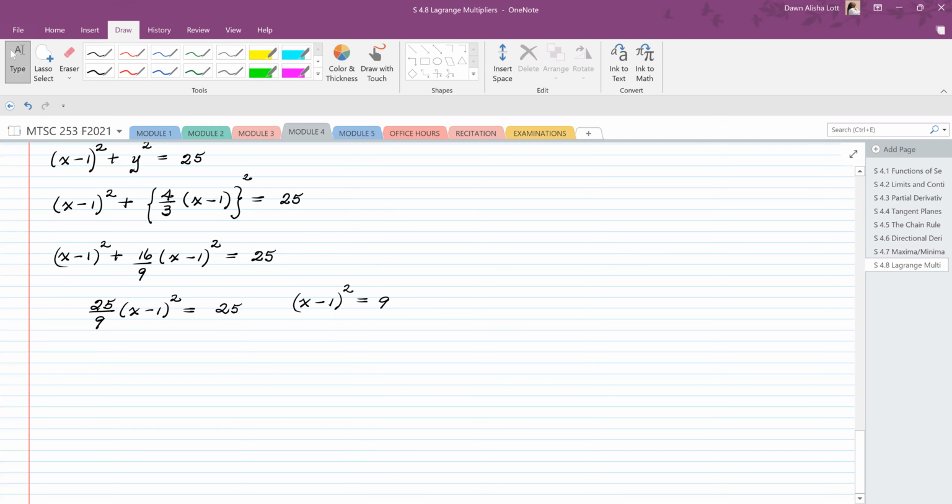So that says x minus 1 is plus or minus 3. So x is equal to 1 plus or minus 3. So x is equal to 1 plus 3, which is 4, or x is equal to 1 minus 3, which is -2. Okay, so how many possibilities do I have?